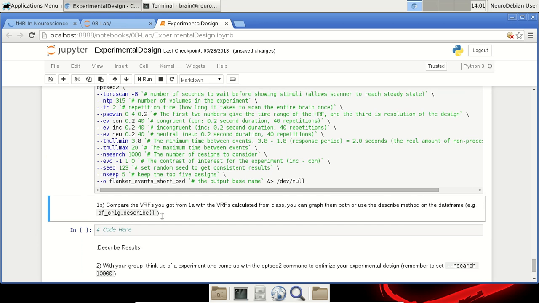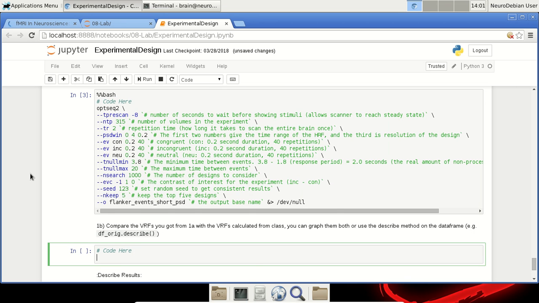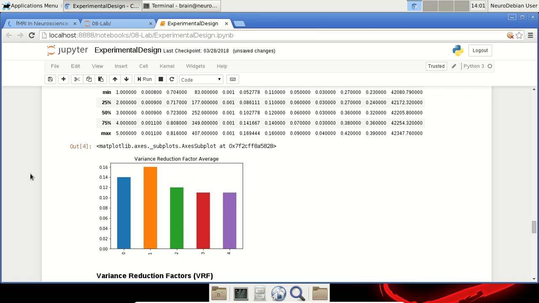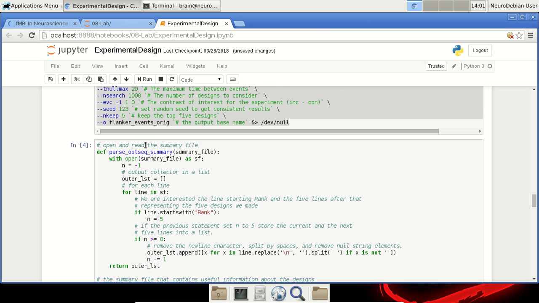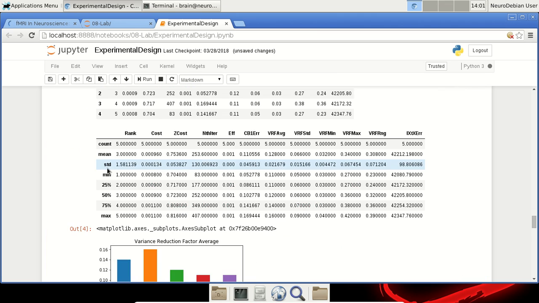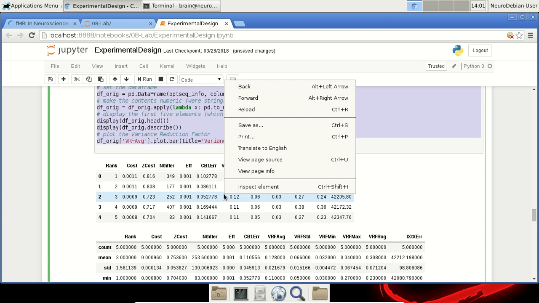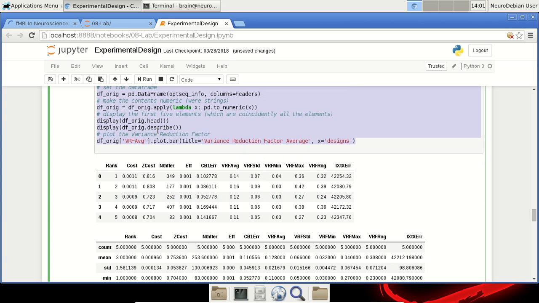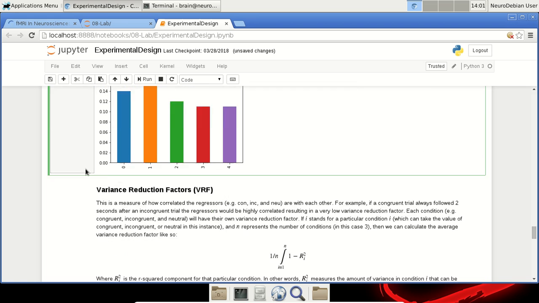And while that's running, we can start to think about what we do for 1B. So we would compare the VRFs from 1A. Since we've already defined this function, I'll just run it again to make sure that we have actually defined it. There we go. And we don't need to copy the function again, since it's defined.